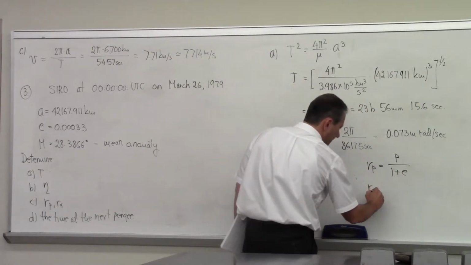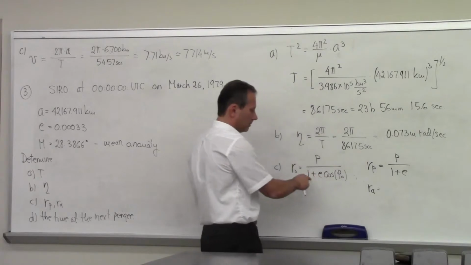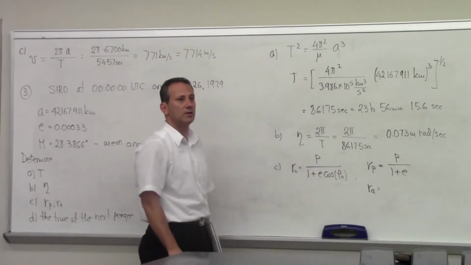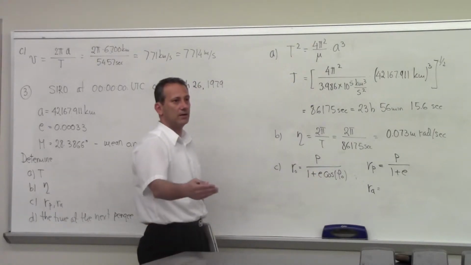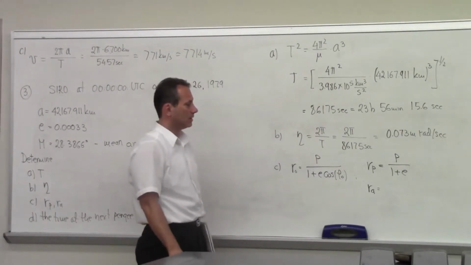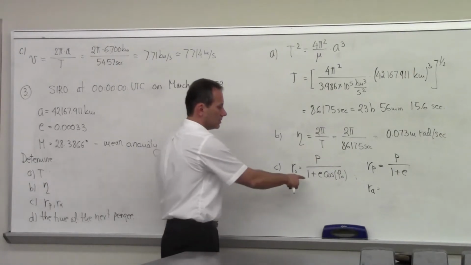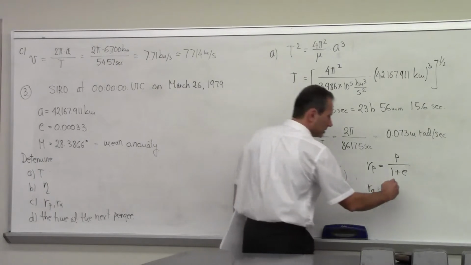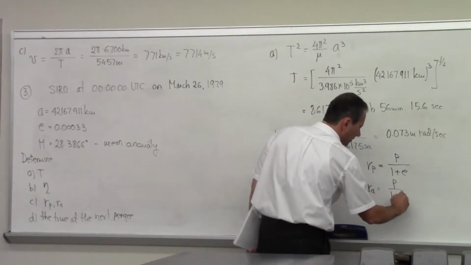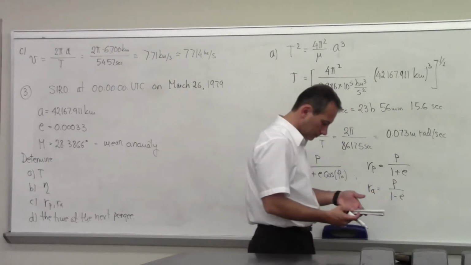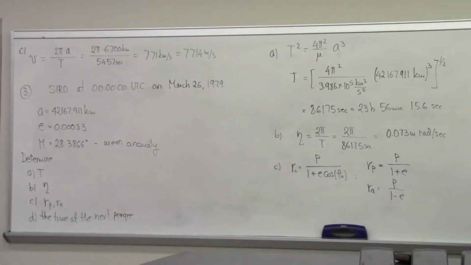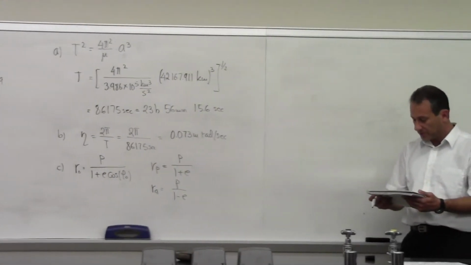By the same token, the downstairs is the smallest when phi is equal to pi, which means you're at the apogee point. This is 1 minus e, so this is the distance to the apogee, p over 1 minus e. So that's where we start.